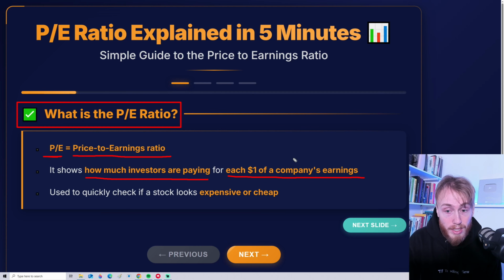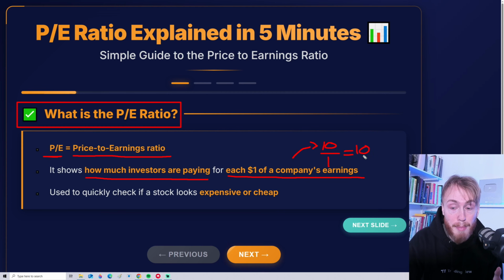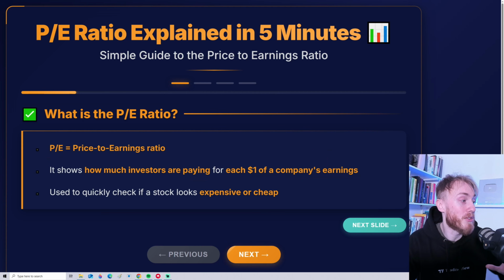So for example, if a stock costs $10 and the earnings are $1 per share, then we will have a PE ratio of 10. And if this went a bit too quickly, don't worry, we will talk more about the exact calculation soon. But for now, you need to know that this ratio is used to quickly check if a stock looks expensive or if it's perhaps a buying opportunity and is looking cheap.